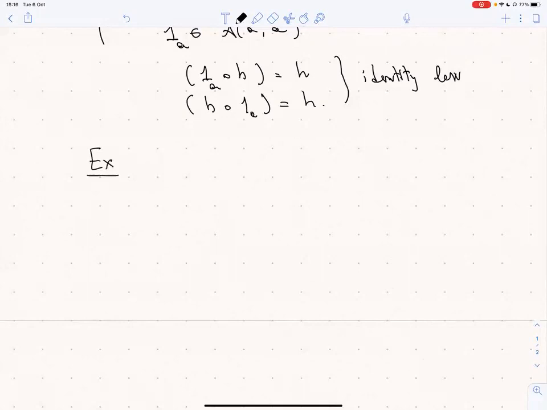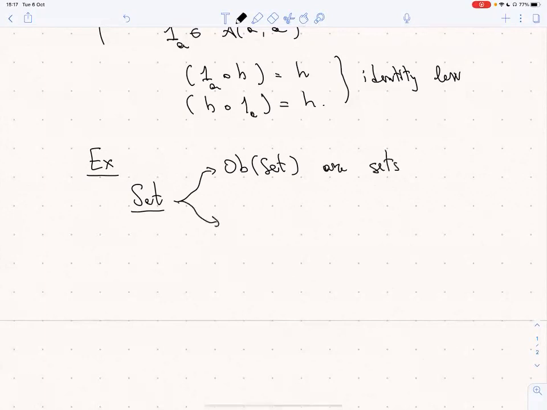So the first example is Set. So this is the name of this category. So before it was called A, and the objects of Set are sets.